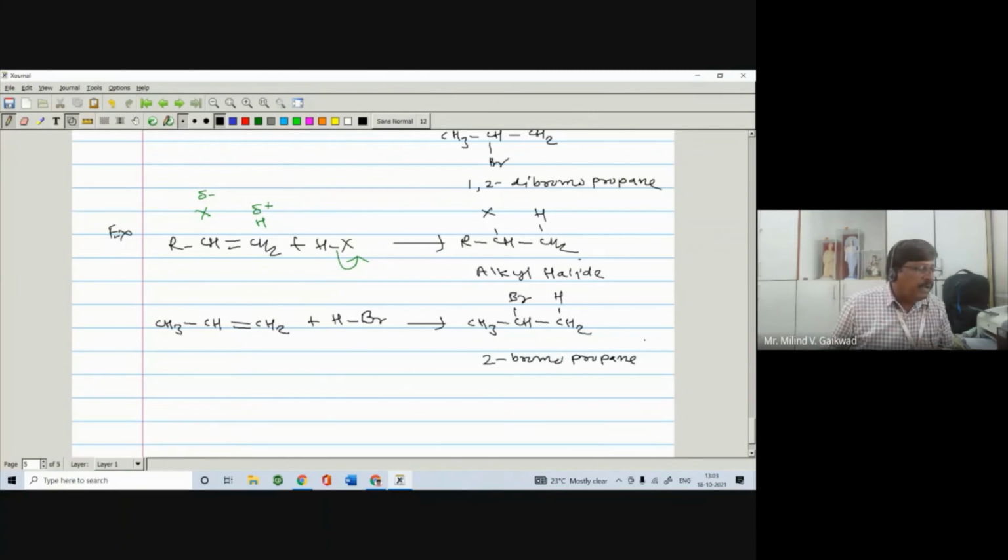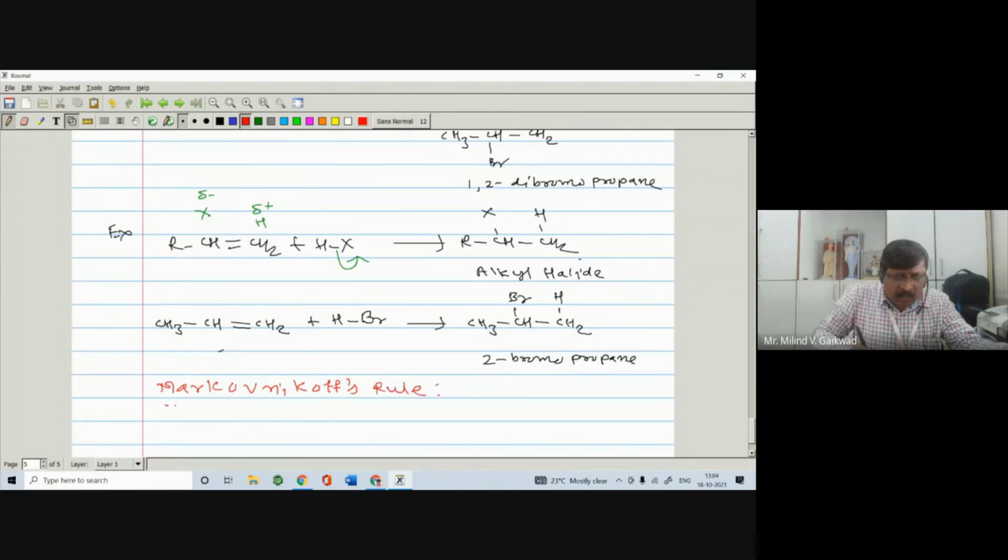If you ask, this reaction is called the Markovnikov addition rule. So the addition is governed by a rule called Markovnikov's addition rule.